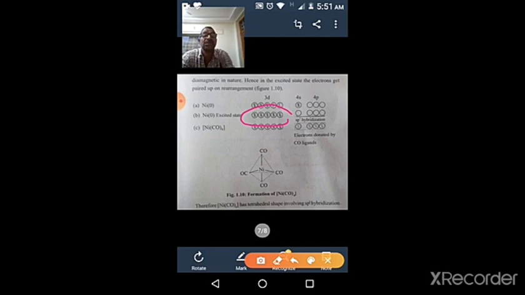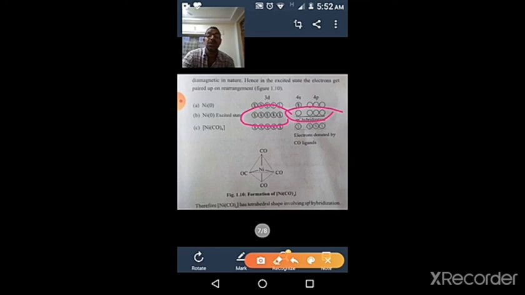The intermixing of this 4s and 4p orbitals gives sp3 hybridization. Due to sp3 hybridization, four sp3 orbitals with tetrahedral geometry. So the nickel atom exhibits tetrahedral geometry. So these four tetrahedral sp3 orbitals overlap with the four carbonyl ligands.